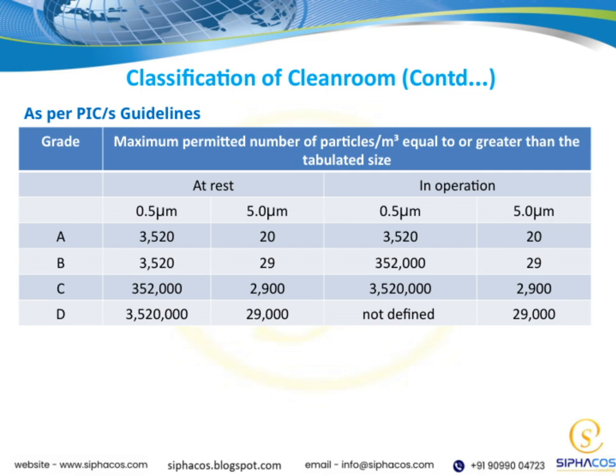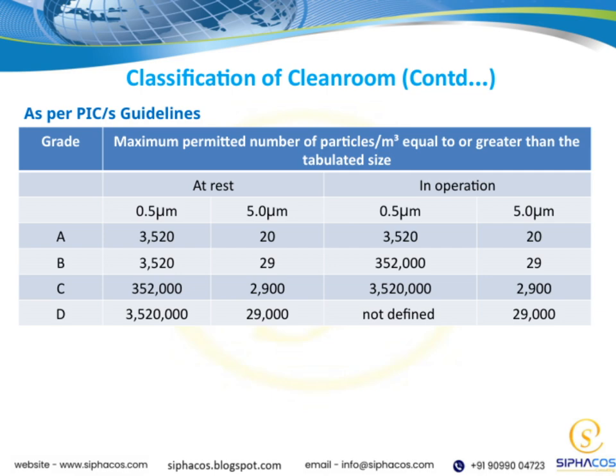Moving to grade B, the particle limits are a bit more lenient. At rest, the maximum is again 3,520 particles of 0.5 micrometers or larger, but the limit for 5 micrometers increases to 29 particles. In operation, the smaller particles stay at 352,000, but interestingly, the larger particles are still limited to 29 per cubic meter.